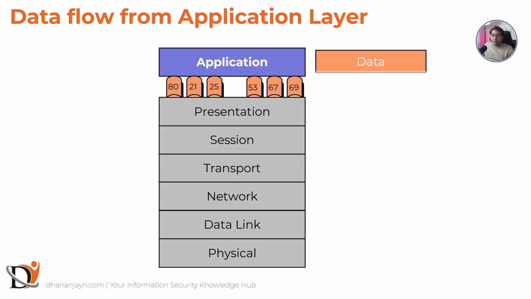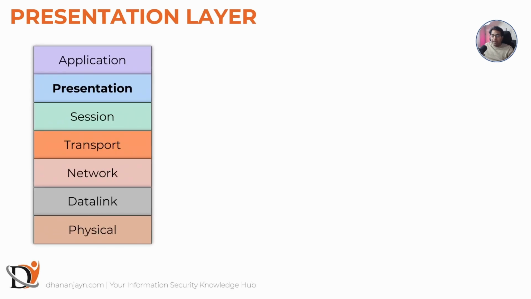So the data from the application layer now enters the presentation layer. Friends, with this we come to the end of the application layer. Let's now jump into the presentation layer and understand a few more details of the same.